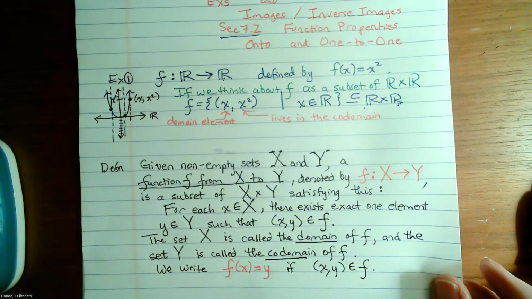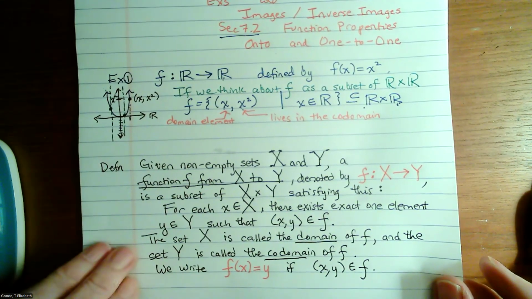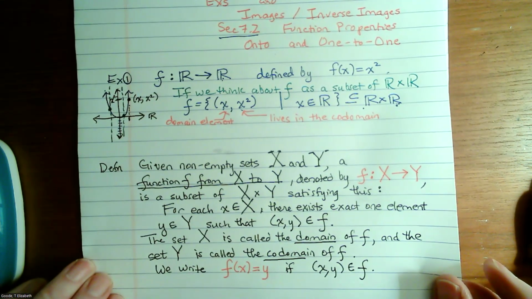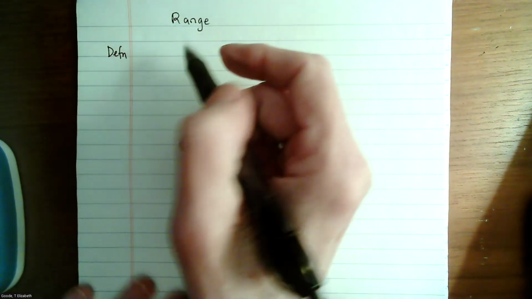All right, so we're going to look at one more definition, and then we're going to start chomping on examples, okay? I'm going to keep this definition close by, though. The range. Okay, the range of a function. I'm going to change my letters just so you can get used to having different letters for the domain and the codomain.